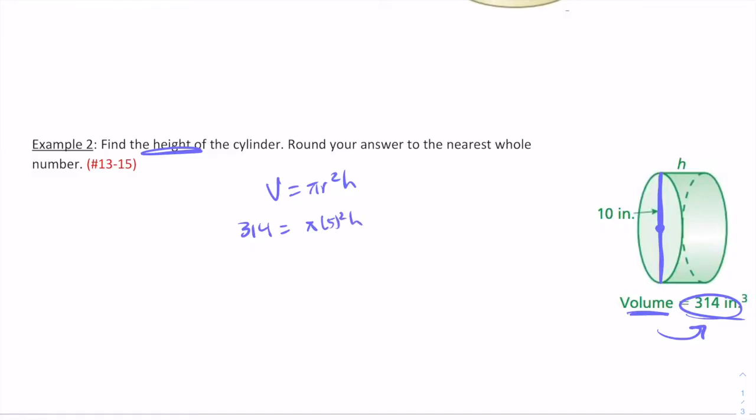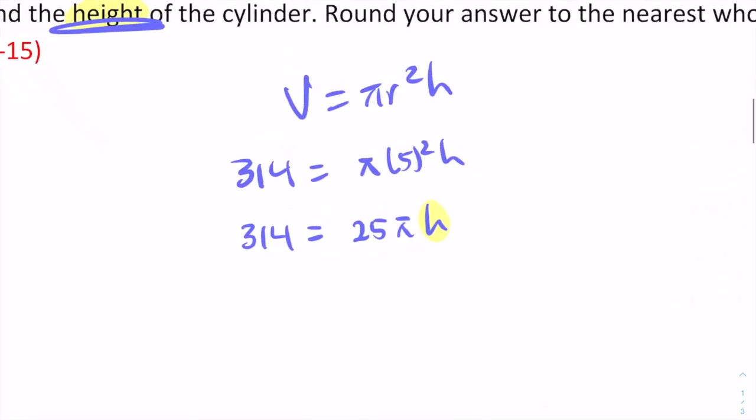Okay, so now let's solve. Let's simplify a little bit. 5 squared I know is 25. So I have 25 pi times height. And I'm solving for the height. I want this variable by itself. So how do I get it by itself? You would divide by 25 pi. Divide by 25 pi. When you plug this into the calculator, you have to be careful.